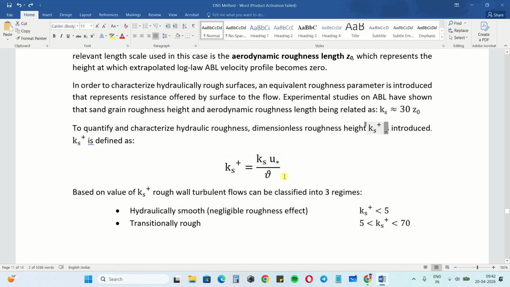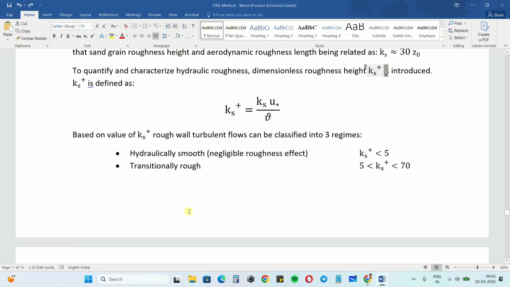So by having this non-dimensional parameter, we can characterize the nature of the surface, whether it is hydraulically smooth or hydraulically rough. When you have a hydraulically smooth case, then you can follow viscous scaling and estimate the first cell height according to the y plus value.